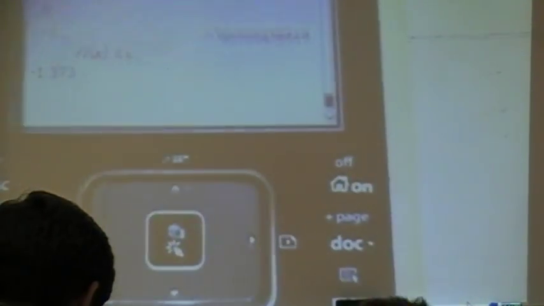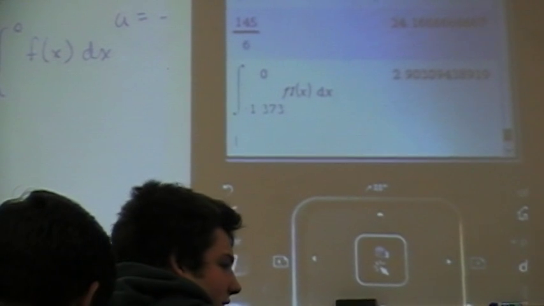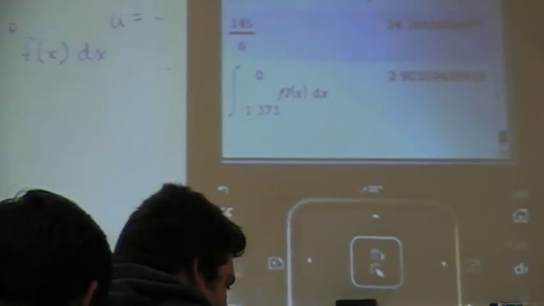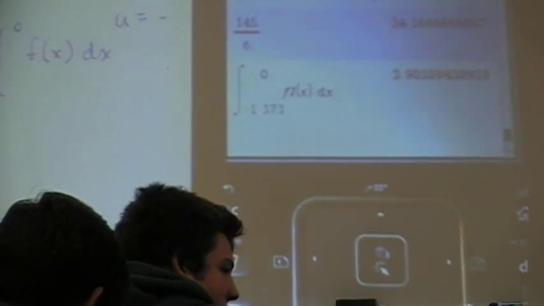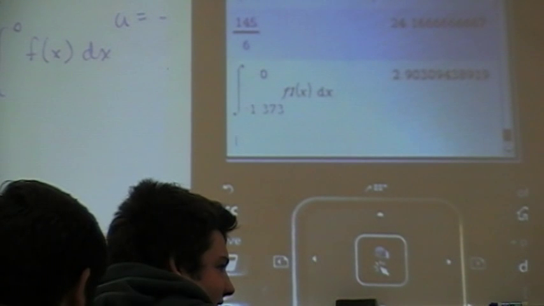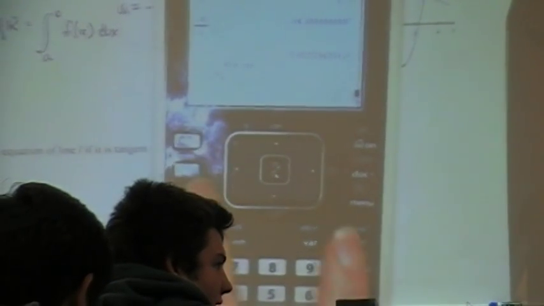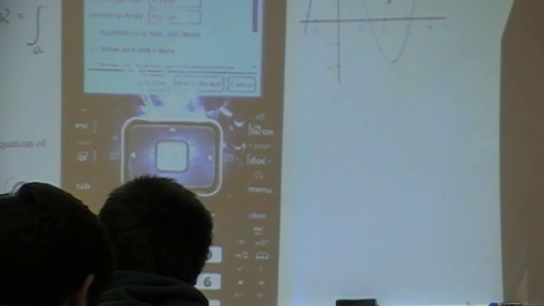Everybody see what I did? So I put my function in f of x. I was gonna say, just check and make sure you're in degrees. So, Gavin, go to your graph and hit menu and go down to settings. What is your float on? 3. I put my float on 6.